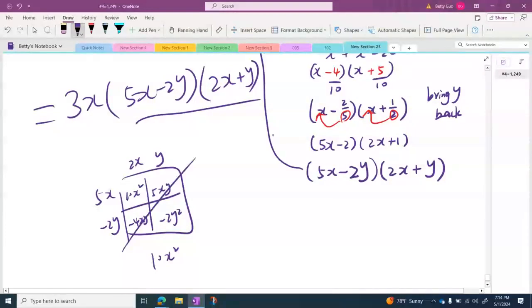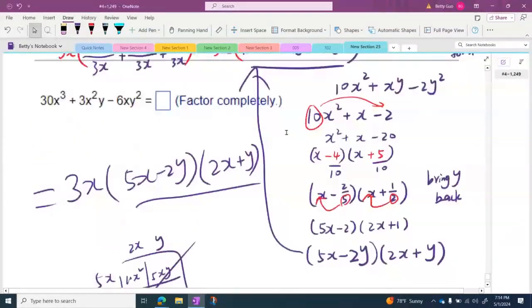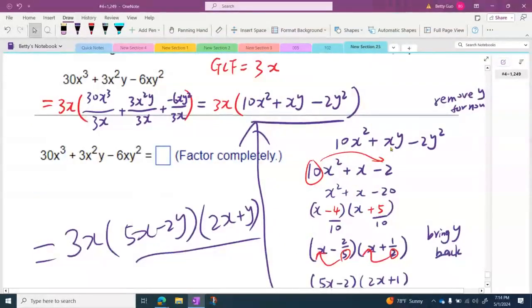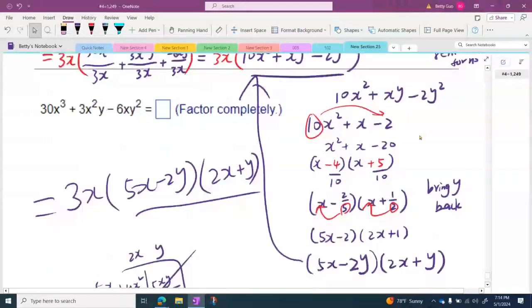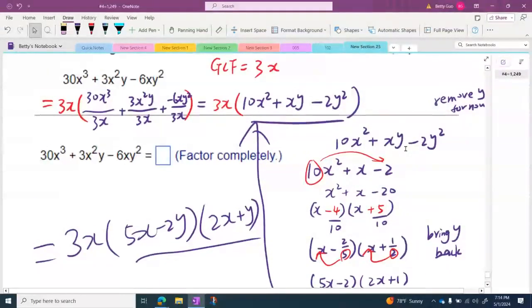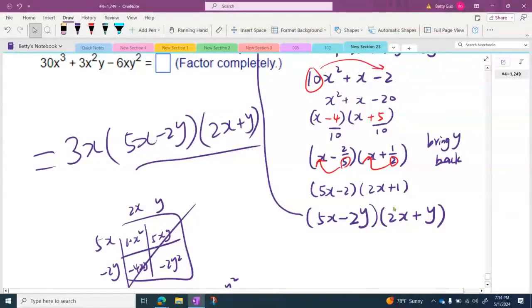So I have 10x squared, combining like terms, plus xy minus 2y squared. It's the same as the trinomial in the parentheses. So I give you a trick so that you don't have to worry about the two variables. You can remove y, then do the slide divide slide, and then bring y back.